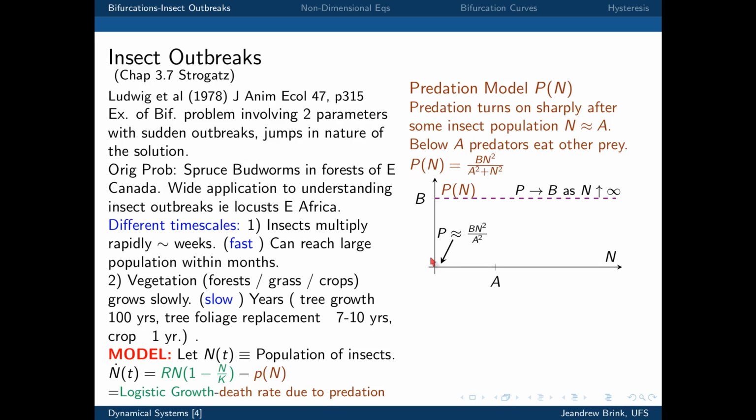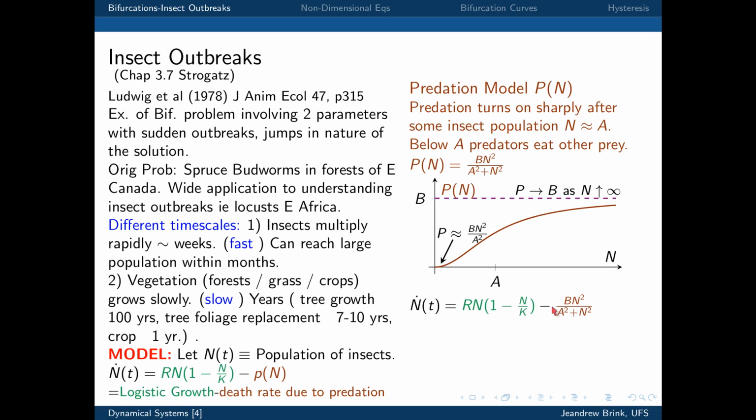So we roughly have a parabola that goes through B over 2 and then asymptotes to the line equal to B. So there we put in what the predation model is. And as I said, this was the simplest guess that they could find that was reasonable for a predation model. So we've now modified our model from just logistic growth that ignored predators to a model that includes both logistic growth and the predators eating the budworms.